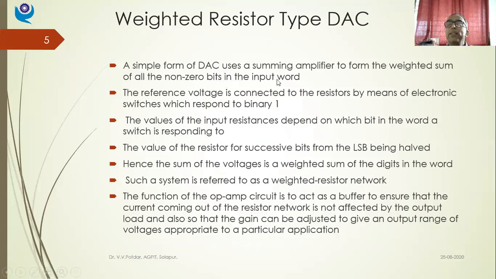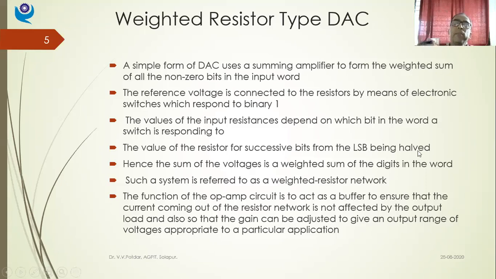Where there are 0 bits, there will not be any voltage, isn't it? The reference voltage is connected to the resistors by means of electronic switches which respond to binary 1. The values of the input resistances depend on which bit in the word a switch is responding to. The value of the resistor for successive bits from the LSB is halved.